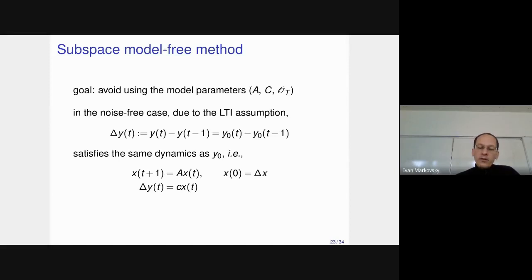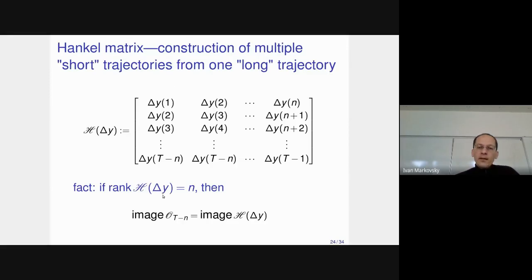And it's based on a simple observation. Because time is going up, I'll quickly show you the main idea. If we construct the Hankel matrix of the data, the image of this Hankel matrix is exactly equal to the image of the matrix O that appeared earlier and depends on the model parameters.